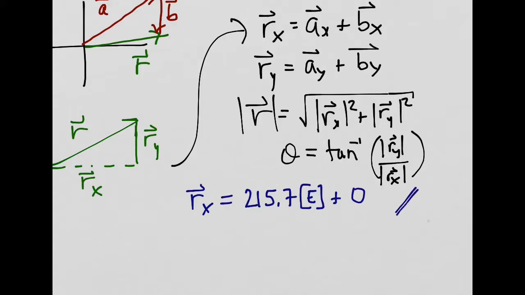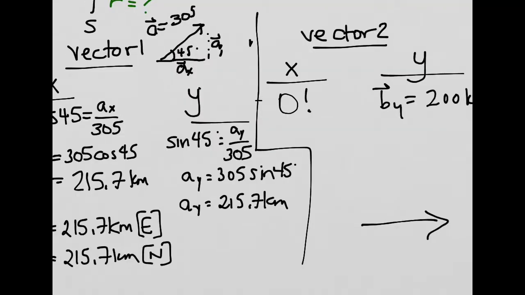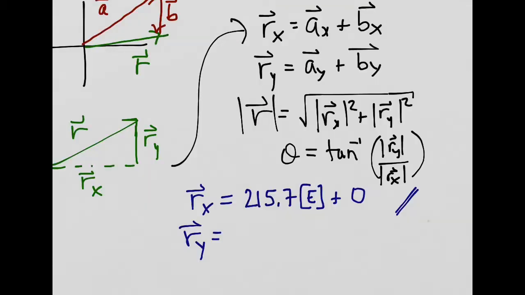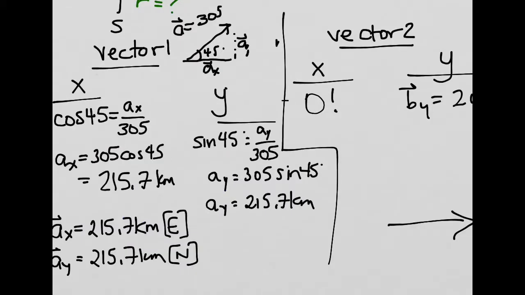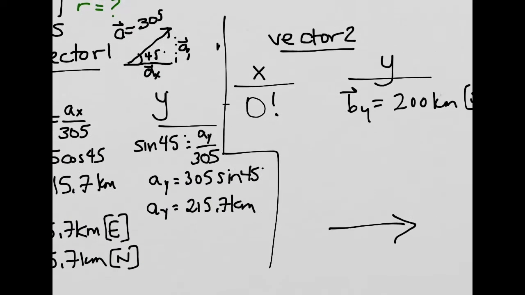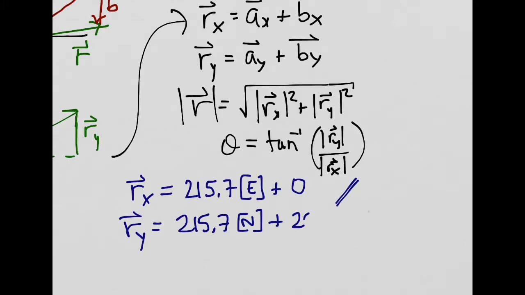So that's done. The y component of R is going to be the y component of A, which was 215.7 north, plus 200 kilometers south.